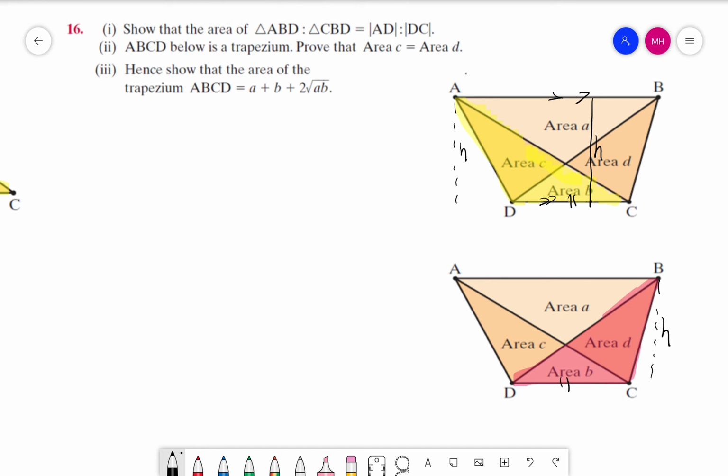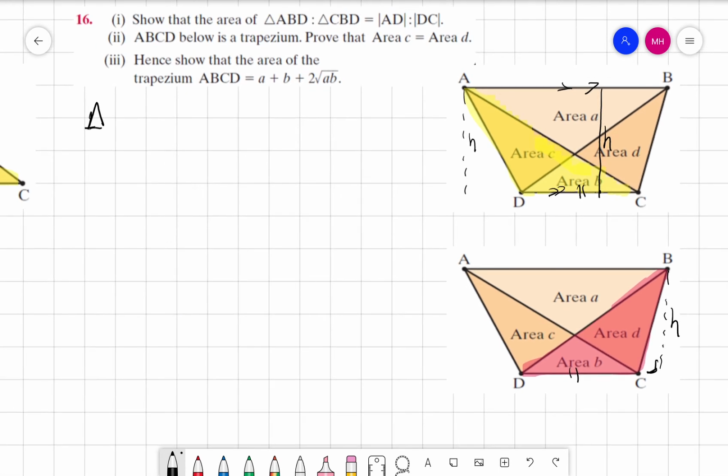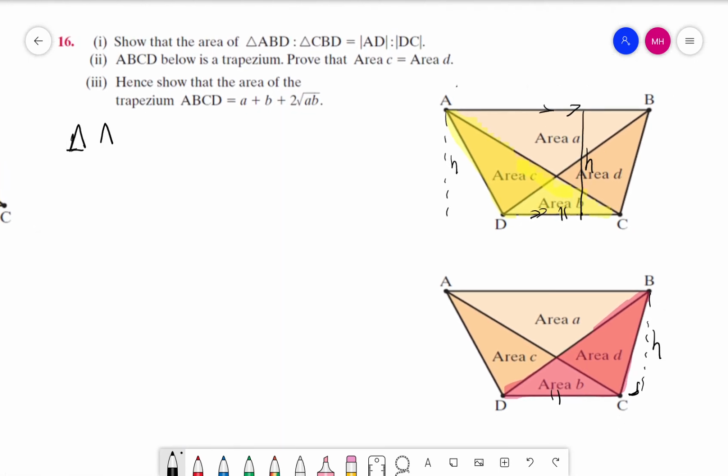So they're the same base, same perpendicular height. So that means that the areas of those two triangles are the same. So the yellow triangle is equal to our pink triangle here. So the area of triangle ADC is equal to the area of triangle DCB.